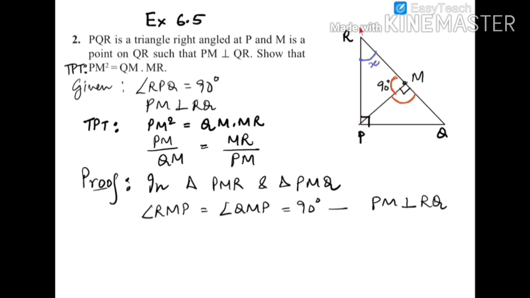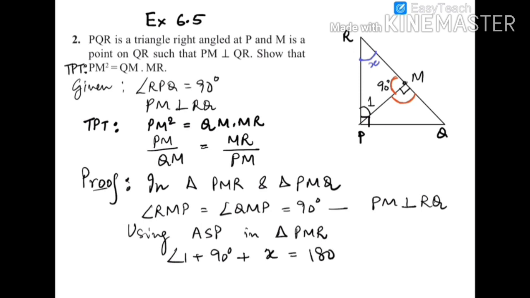Using angle sum property, we can find out. Let's mark this third angle of this triangle as 1. So using ASP in triangle PMR, we have angle 1 plus 90 degrees plus X equal to 180 degrees. So from here angle 1 will be equal to 90 minus X.